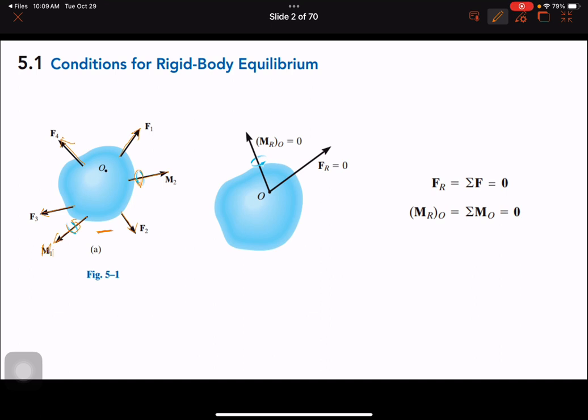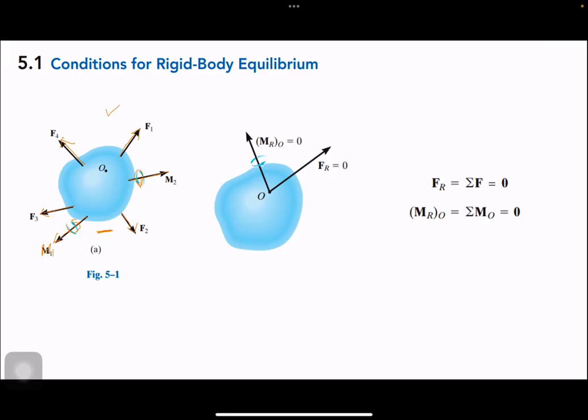Now, we have learned in our previous discussions na may mga method na pwede tayong gamitin para ma-simplify yung isang force and couple system into a simpler form or system, which is isang resultant force lang and isang resultant moment couple. Okay? So, di ba na-learn natin yun last time.